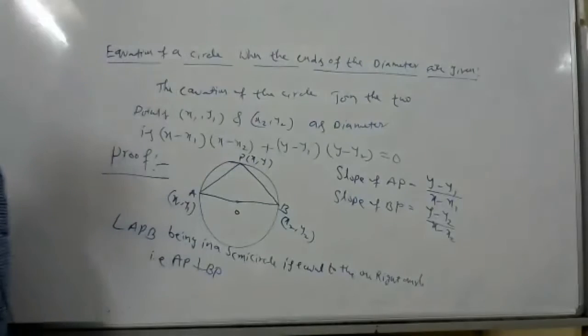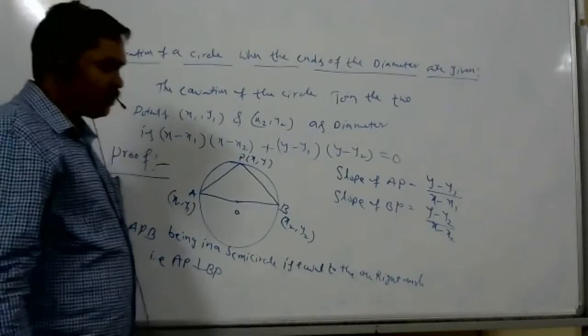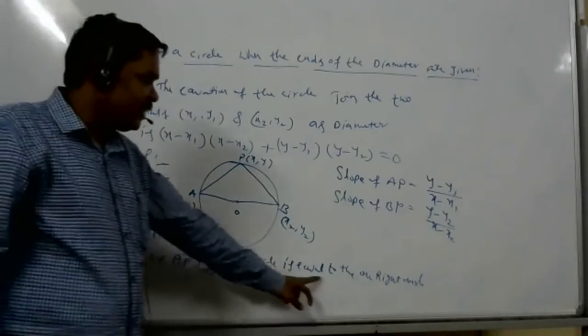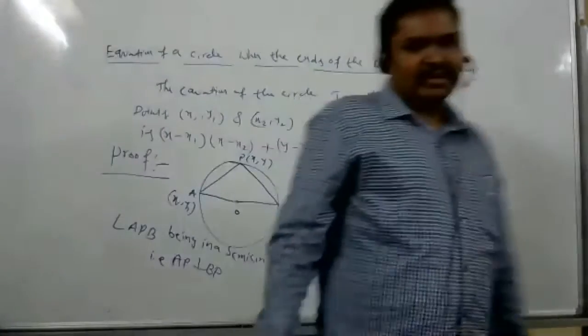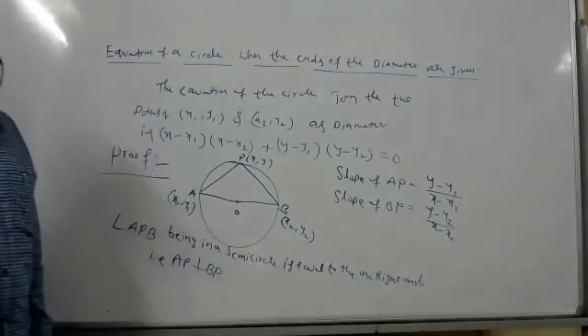Angle APB being in a semicircle is equal to one right angle. Right angle means m1 into m2 is equal to minus 1.